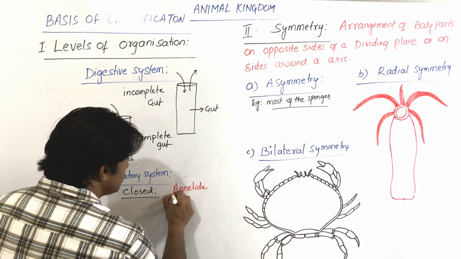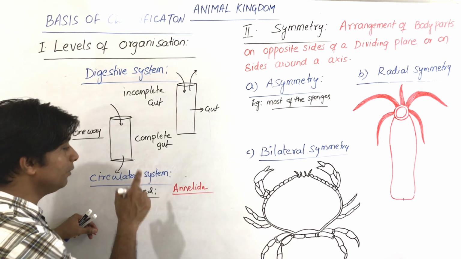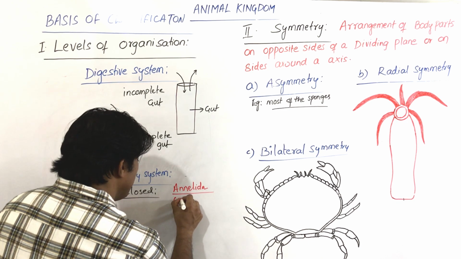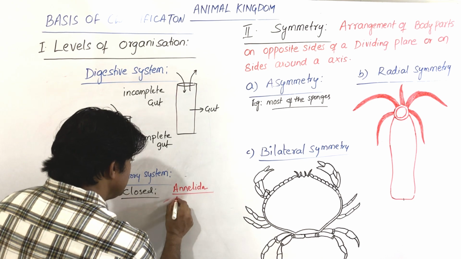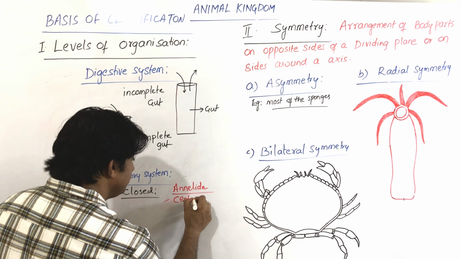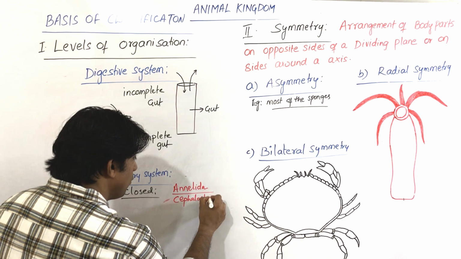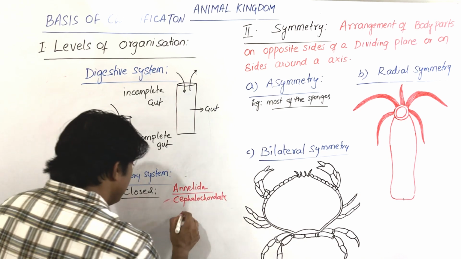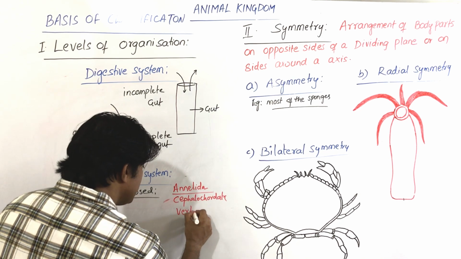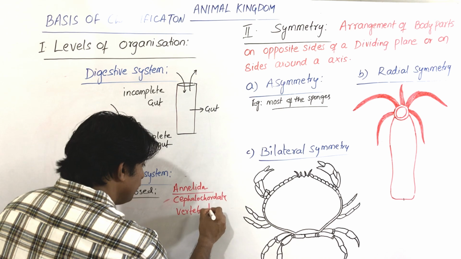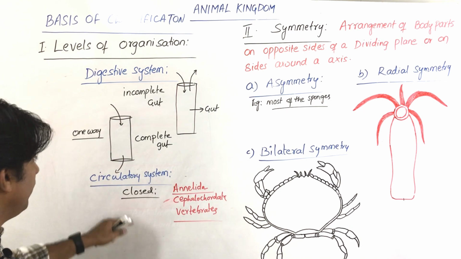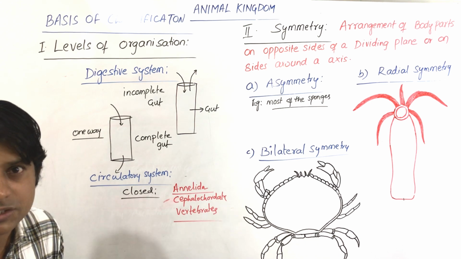Annelids have closed circulation among the non-chordates, and closed circulation is found in cephalochordates. Cephalochordata has closed circulation, and so do all vertebrates. Vertebrates have closed circulation.